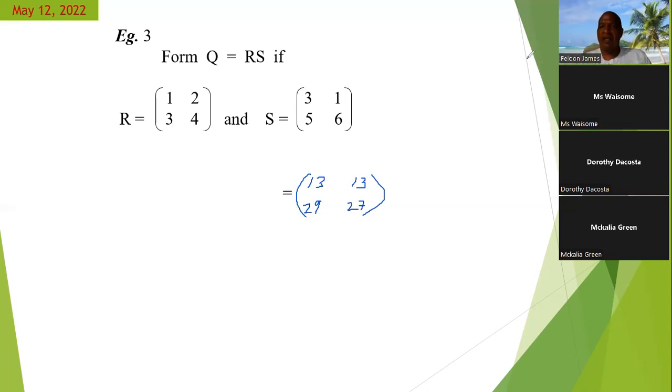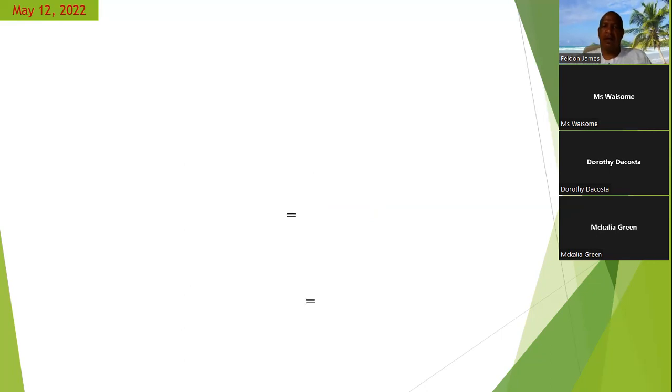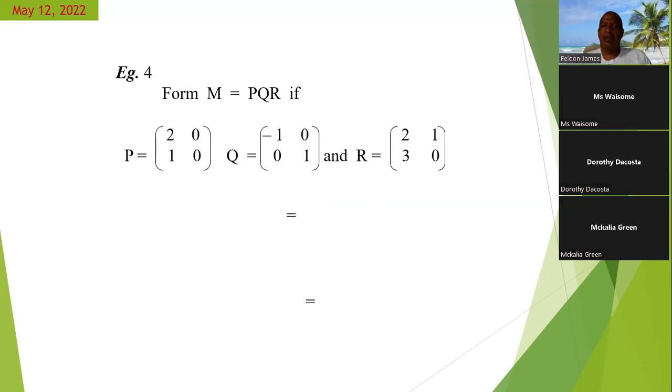All right, so everybody get the general idea. So now here, this is what we're supposed to have when we find our products for this one. Now, your task is to carry out this multiplication and produce an answer for us.